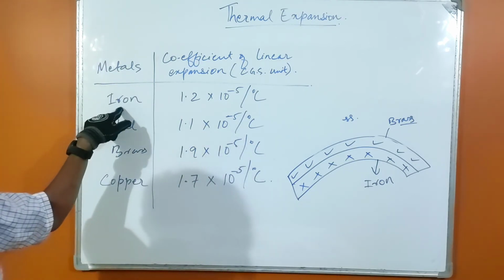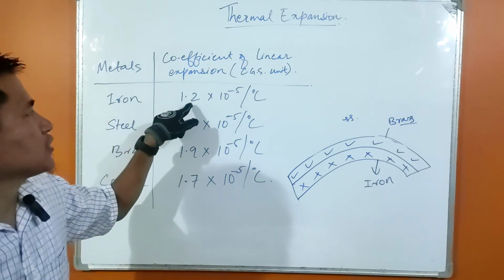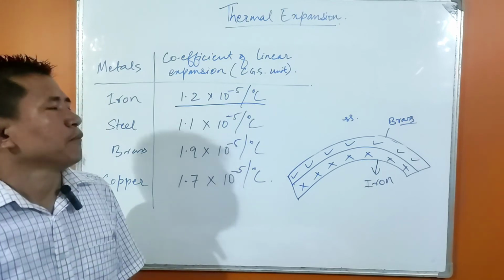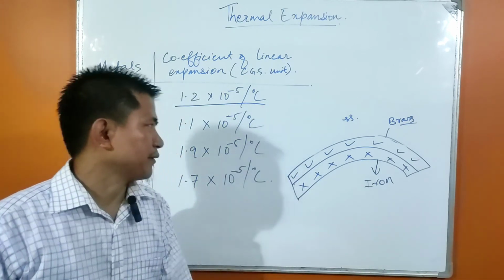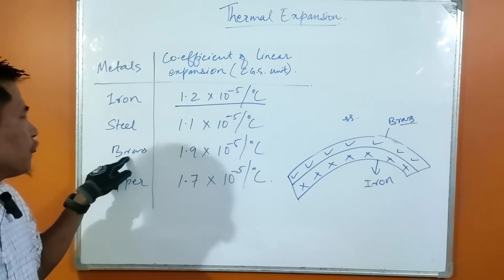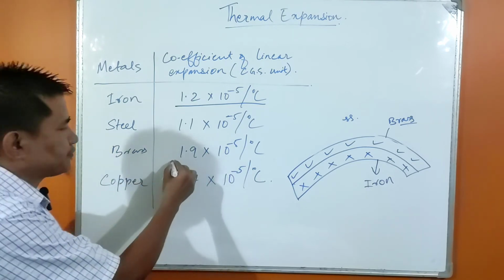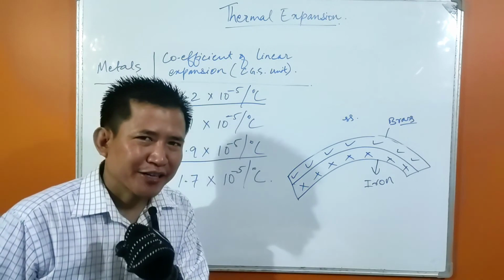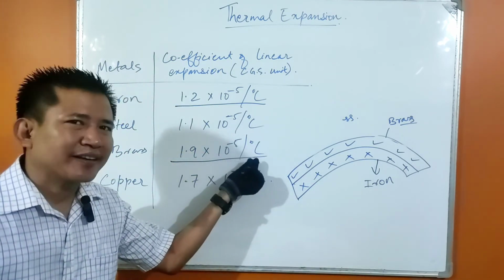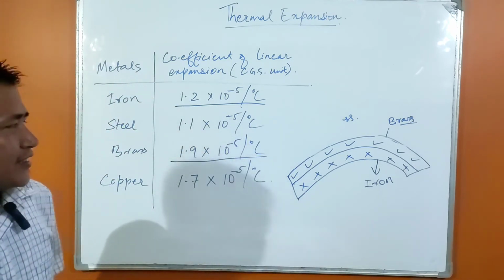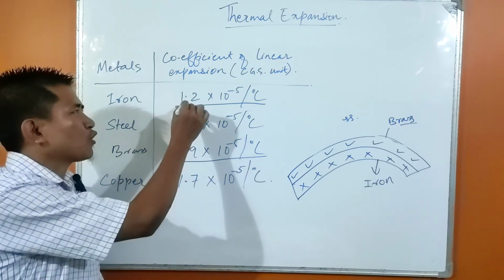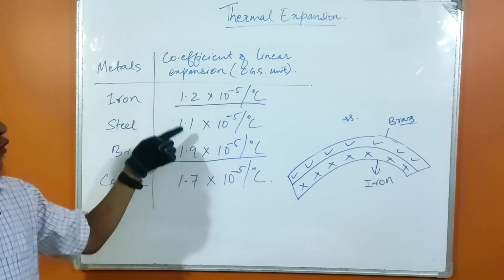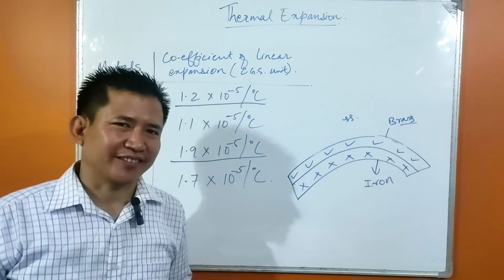From here you can see the coefficient of linear expansion of iron is 1.2 × 10^-5 per degree Celsius rise in temperature, and that of brass is 1.9 × 10^-5 per degree Celsius rise in temperature, isn't it? Now between 1.2 and 1.9, which number is greater?